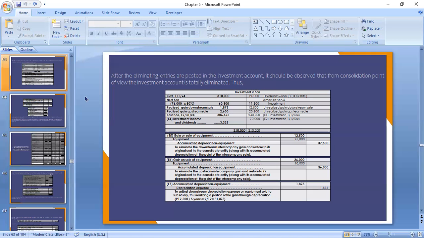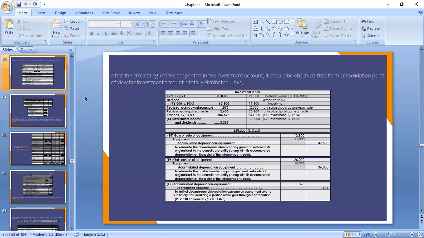So we have now the total of the debits and credits for 310,000. In second year, number 5 and 3, debit to gain on sale of equipment to close, debit to equipment, and credit to accumulated depreciation of equipment for 37,500.